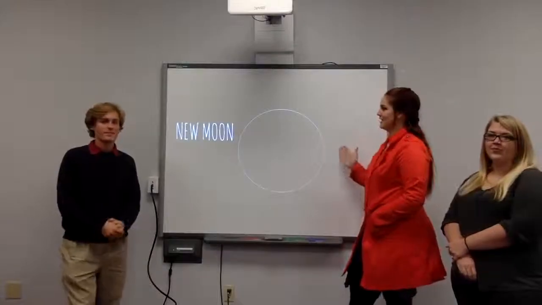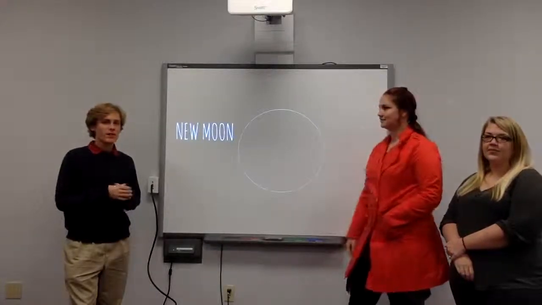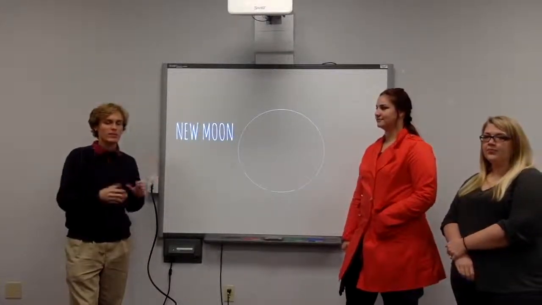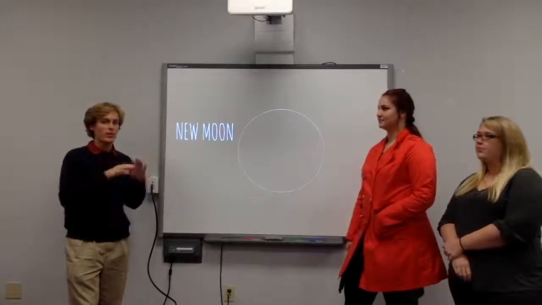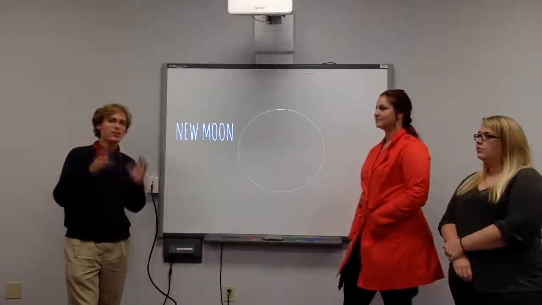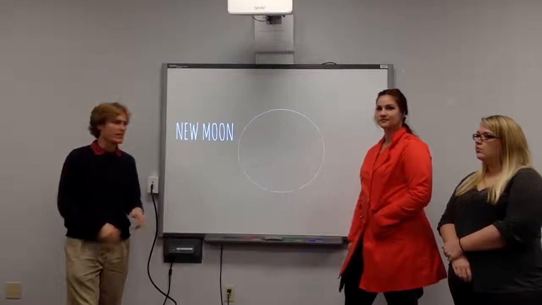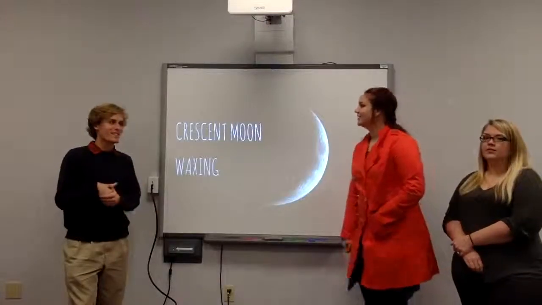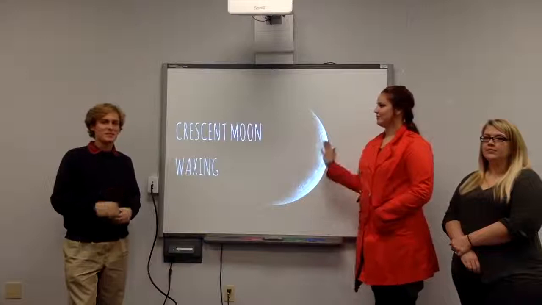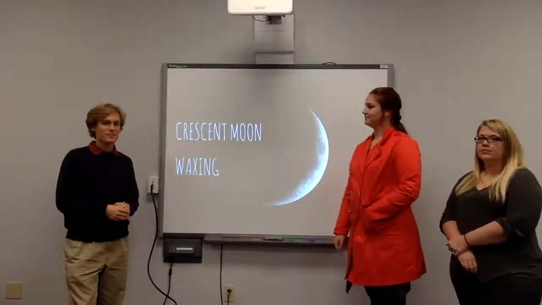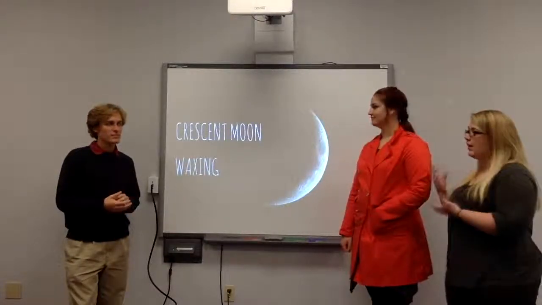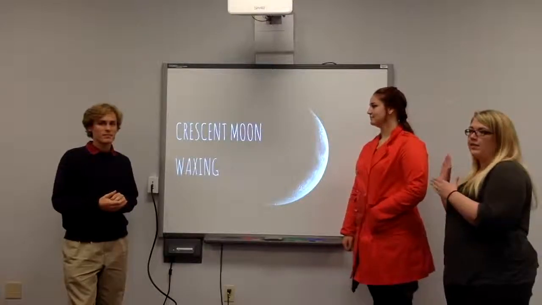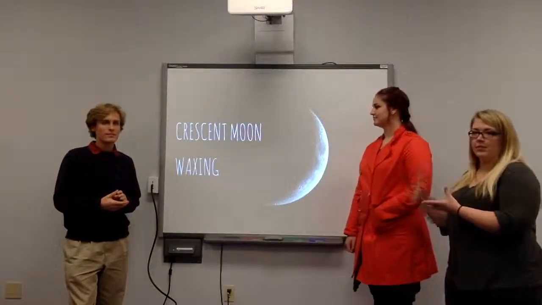I would show that this is what our new moon looks like. I would then explain that a new moon is when you can't see the moon. You look up in the sky and you can't see anything. This is what a waxing crescent moon looks like. A crescent moon comes after the new moon, and that's where it's showing just a little bit.